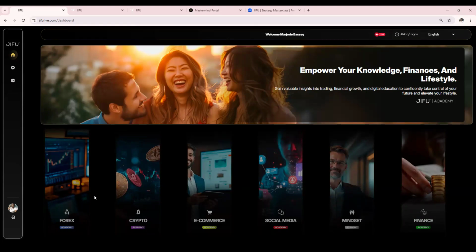The whole idea behind JIFU is to teach and to empower. The idea behind JIFU is financial independence, lifestyle freedom. So why do you have to pay attention to this training tonight and other trainings?